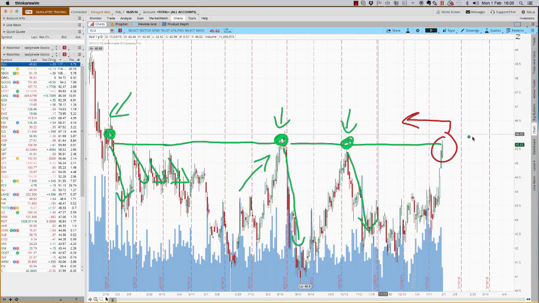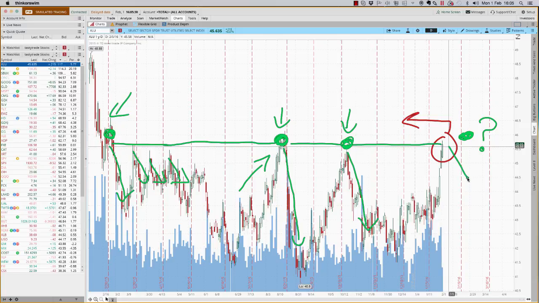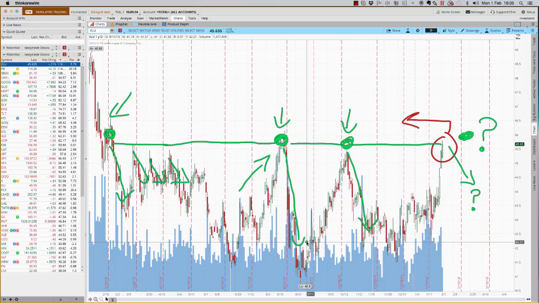So I've got to ask myself, is there a high expectation that price will do something interesting at this level? Assuming that history repeats itself, is there a good indication that we might see price kick lower by a few dollars? We've seen it happen several times in the past already, so there's a good chance that it could happen again.